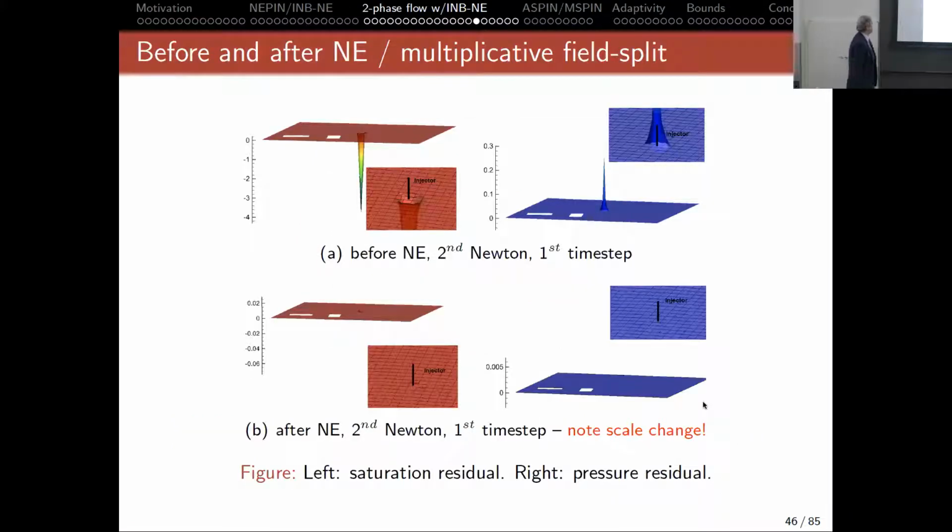Just a little bit more detail, a little more visualization of what's going on. You can see a subset of the 2D domain near the injector. This is before, this is after. So the before is for the pressure saturation split system. Saturation on the left, pressure residual on the right.